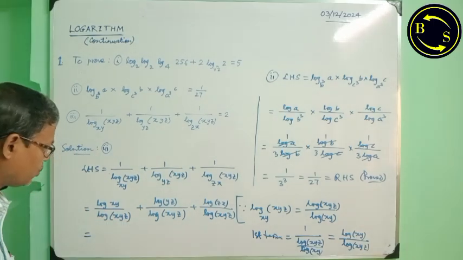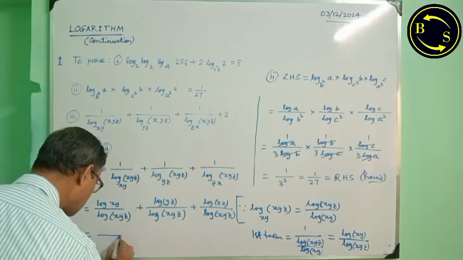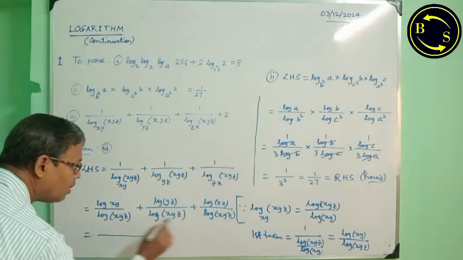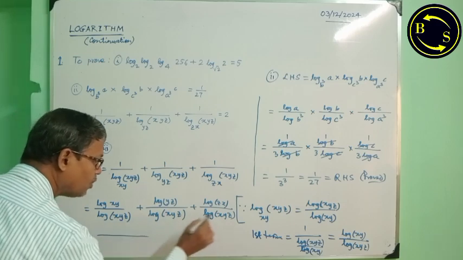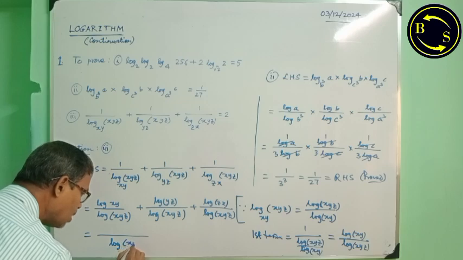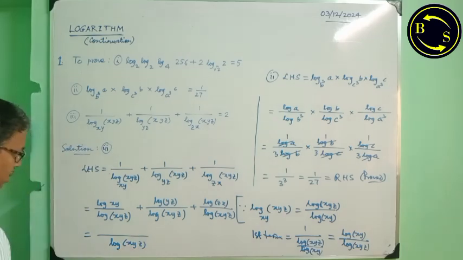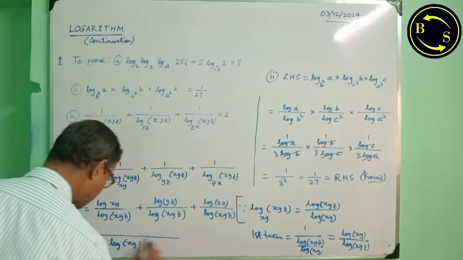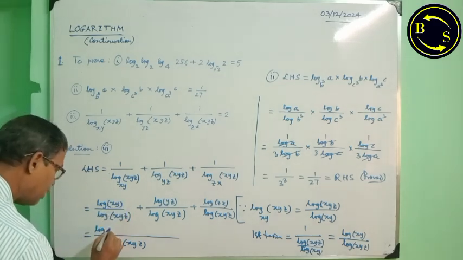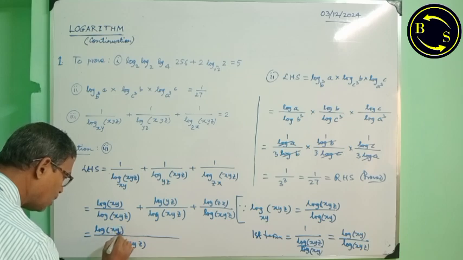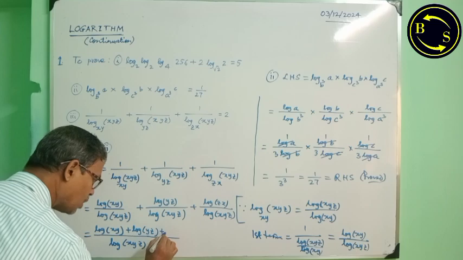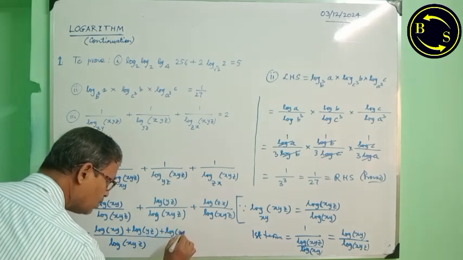We find all denominators same. Therefore, addition as per the law of addition of fraction, LCM of the denominators, here it will be log of xyz, numerator will be log of xy plus log of yz plus log of zx.